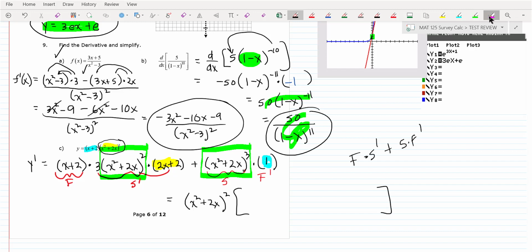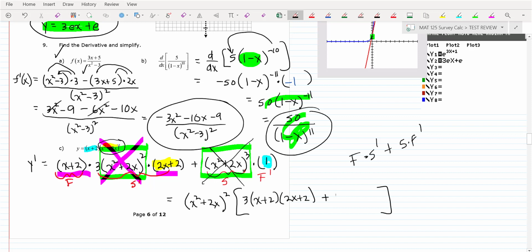Now, essentially, one thing you can do is if I kind of block this out, well, then what's left is this. So what you'd end up having is, and it doesn't matter what order you put it in, you'd have 3 times (x plus 2) times (2x plus 2), like that, okay? And then the next one would go like this. Well, this thing, you couldn't just block it out.